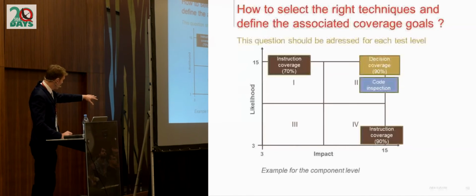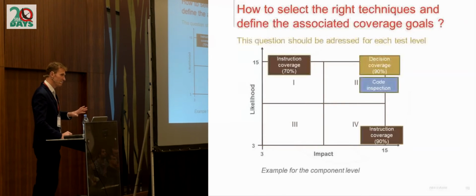So at this component level, you will select the white box testing techniques, like measurement of the decision coverage during the software testing. And you will then decide on the goals regarding the coverage of these techniques.